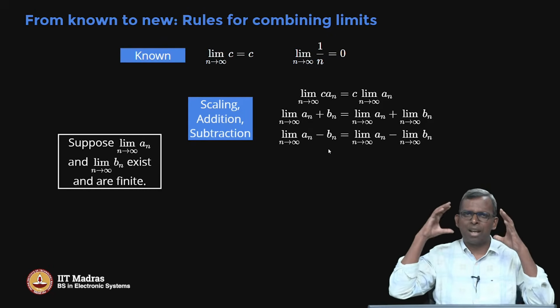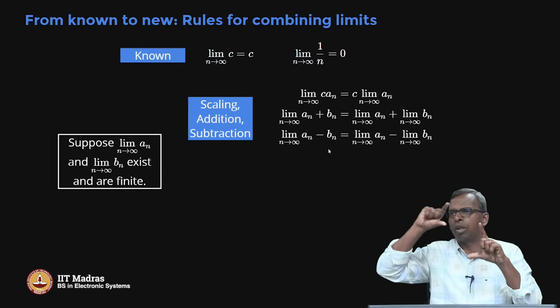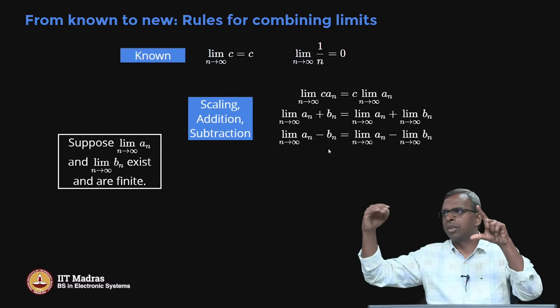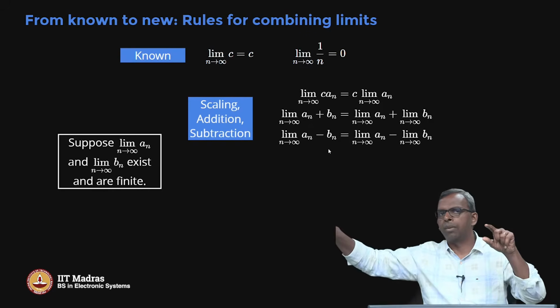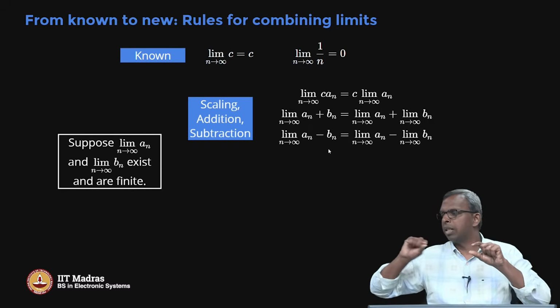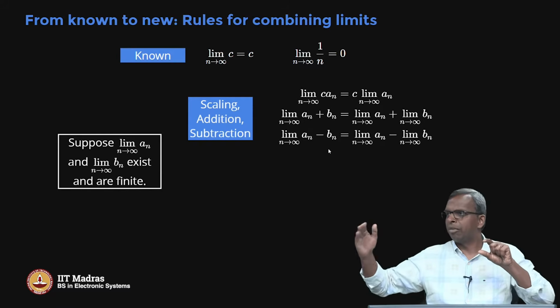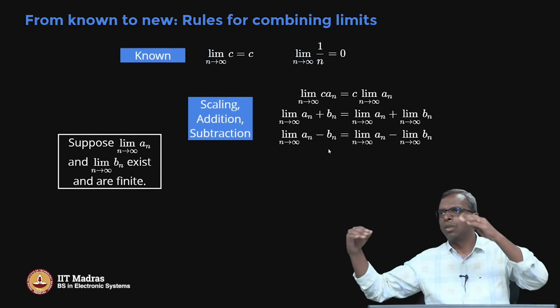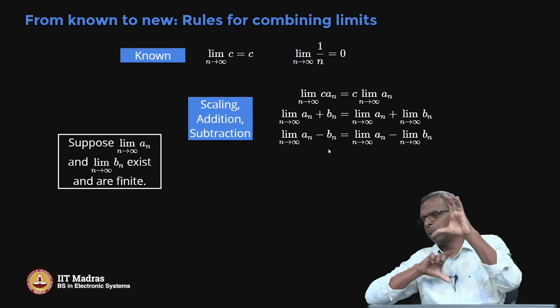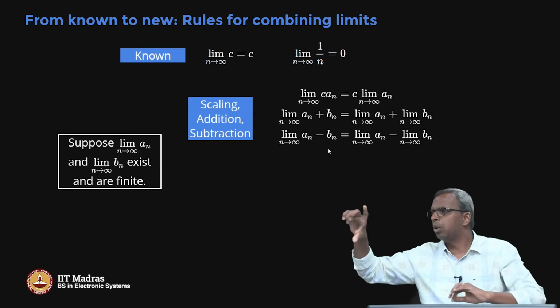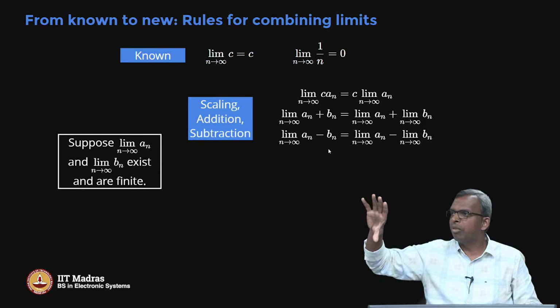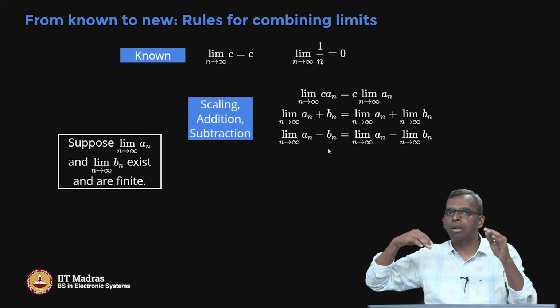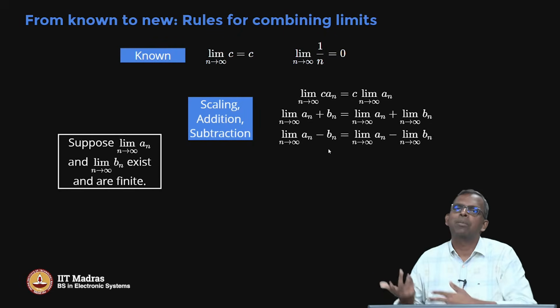You can imagine graphically in your mind, right? an is converging to one limit. Everything is within an epsilon of it for a large enough n. bn is also converging to some other limit. Everything after a particular n is very close to its limit. So even though they are sequences, after a certain point they're going to be close to their limits. So even if I add or scale or subtract, I should be able to add, scale or subtract the limits.